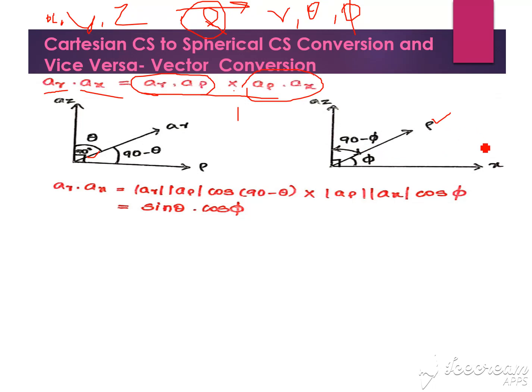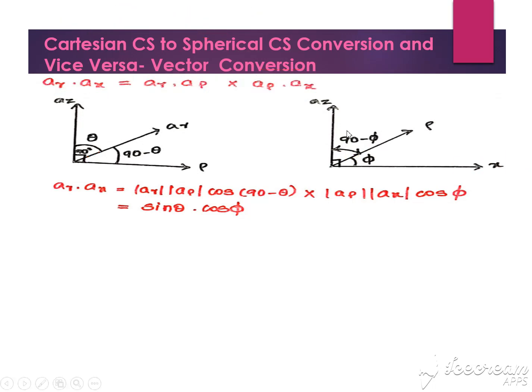Already we know the angle between rho and X is phi, and in the Cartesian coordinate system the angle between Z and X is 90. The angle between rho and X is phi, so from this we can find the angle 90 minus theta. While substituting, mod of A rho, mod of AX into cos phi. So finally we get the answer as sin theta into cos phi.